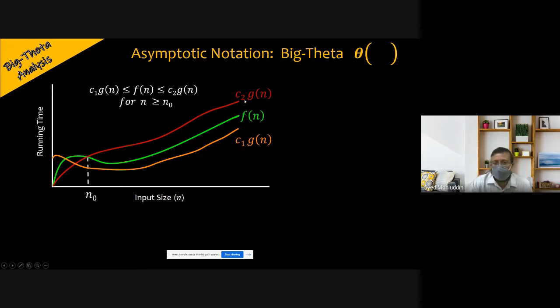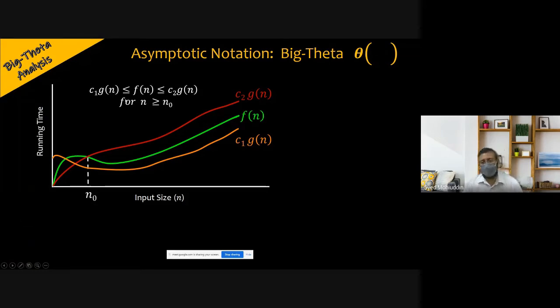So c2 g of n and f of n is our big O notation. Here we are saying f of n is greater than c1 g of n, and f of n is less than c2 g of n. So this part is your big O notation, and this part is your omega notation.